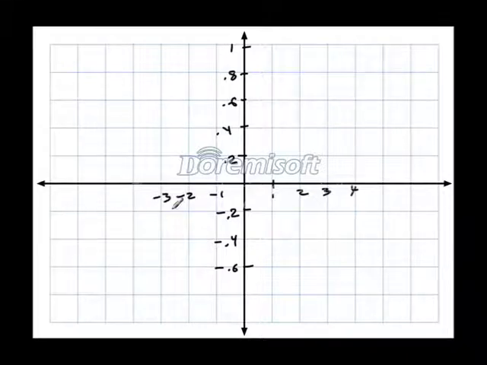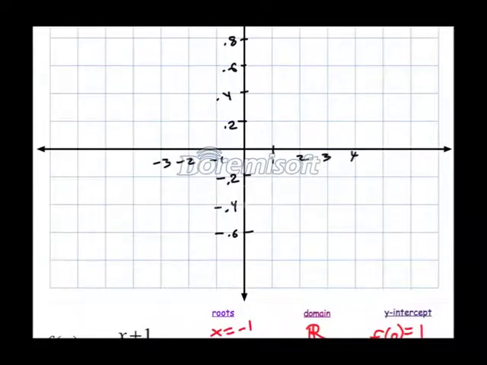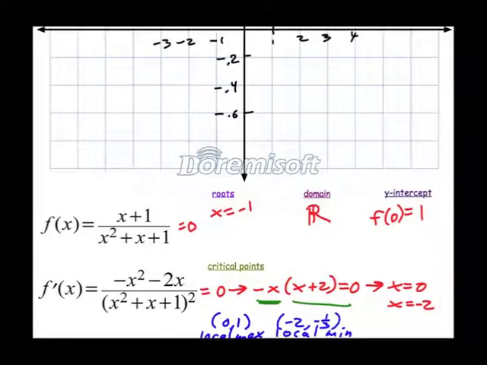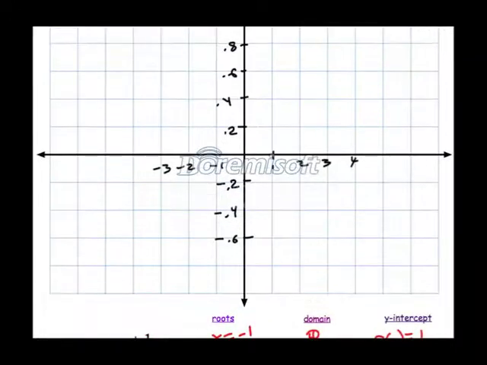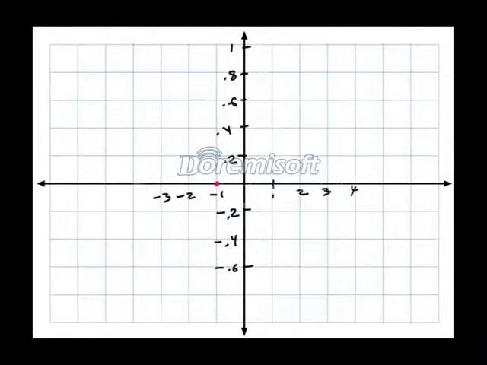Okay. So now let's put on the important points that we know are going to be part of the graph here. So we had our root at x equals -1. We have our y-intercept at +1, which, remember, also happens to be our local and global maximum.